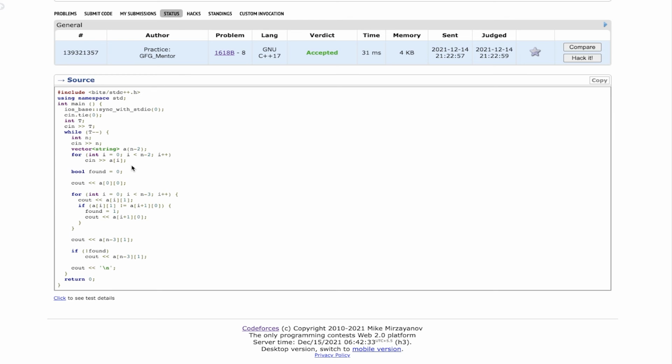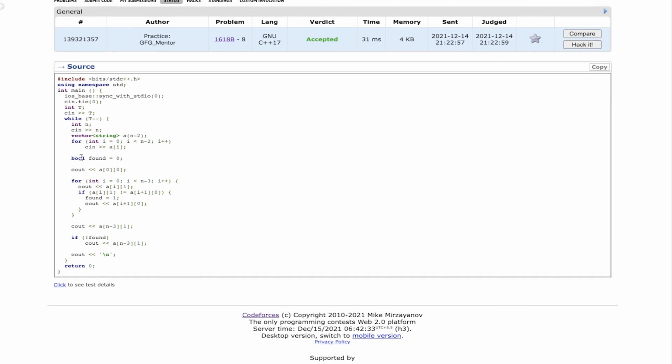Now we have taken one bool, found, for when we find a case where the last letter of my ith bigram is not equal to the first letter of my i plus 1 bigram. Then we have found the missing bigram and where it is missing, and we have retrieved that word.